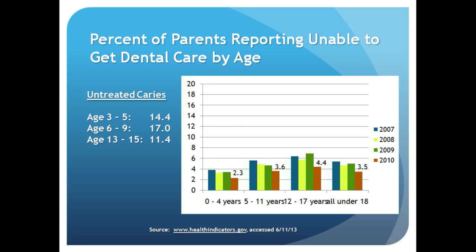When you ask parents if they were not able to get dental care, this is the information you get for 0 to 4-year-olds. 2.3% of parents said they were unable to access care. But when you look at untreated caries, you see that 14.4% of children between the ages of 3 to 5 had untreated caries.